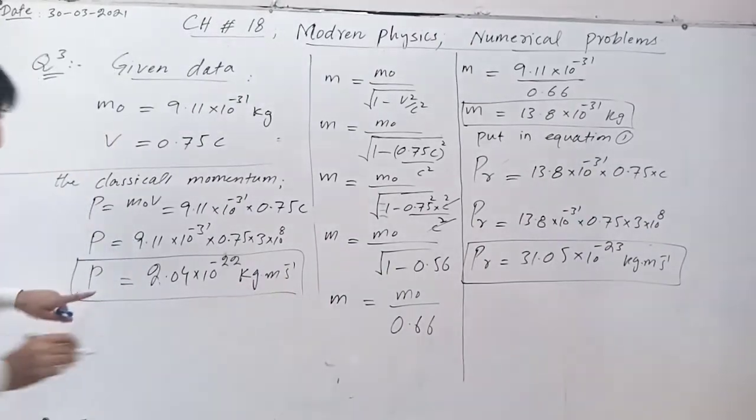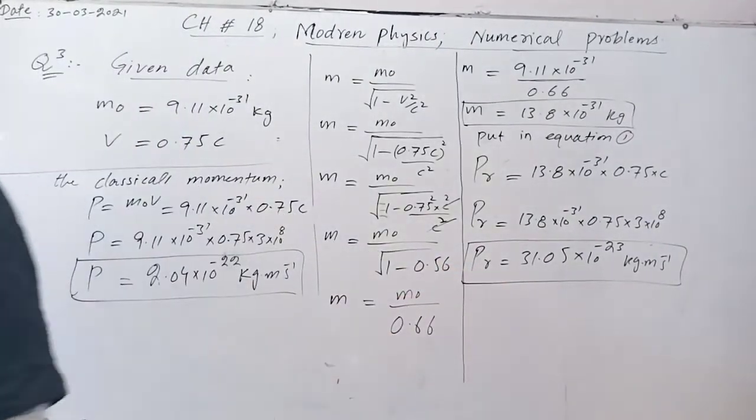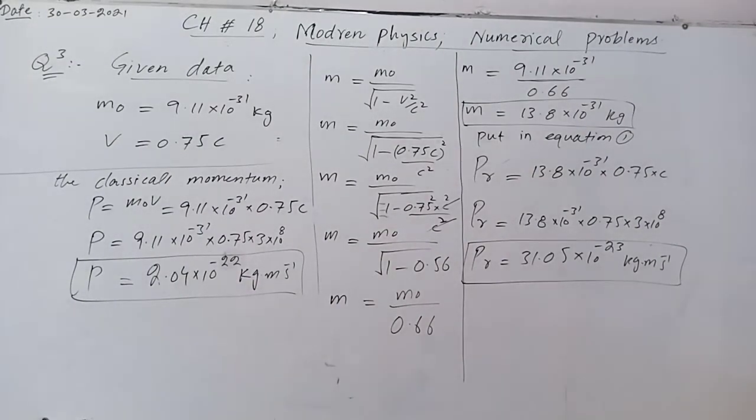So this is classical momentum, this is relativistic momentum. How can we perform further calculation? Simply by dividing these two, we will get the relationship between the classical and relativistic momentum.